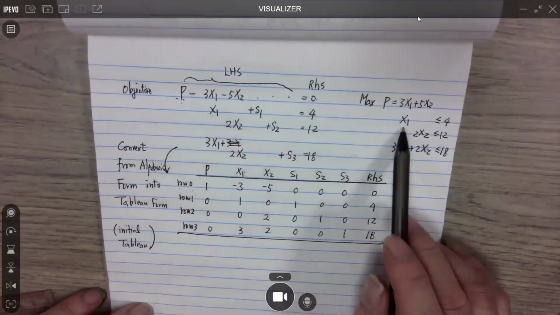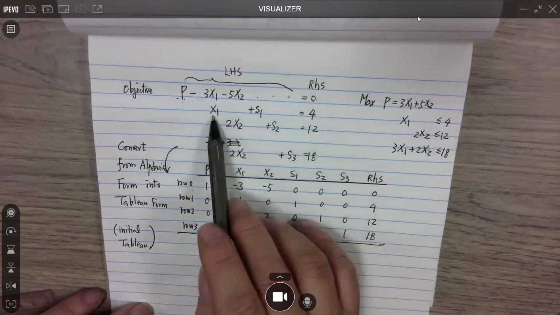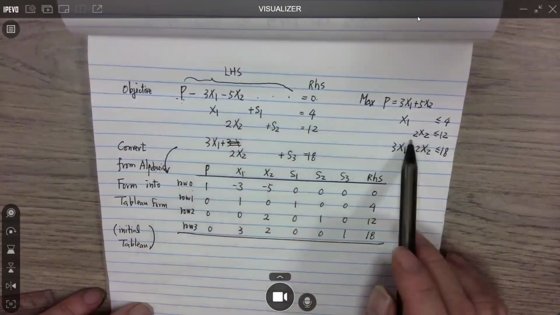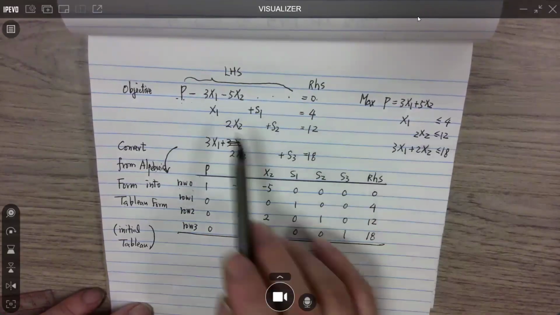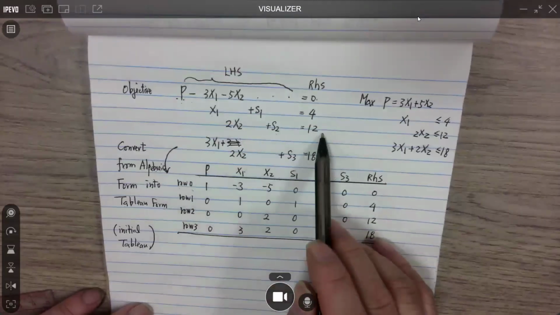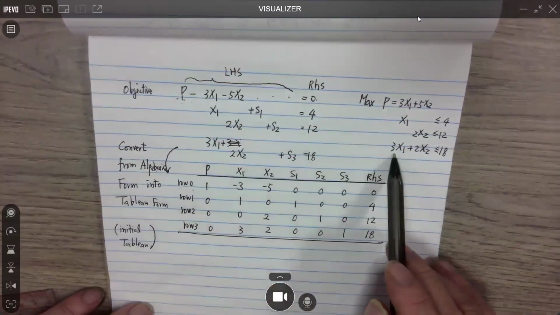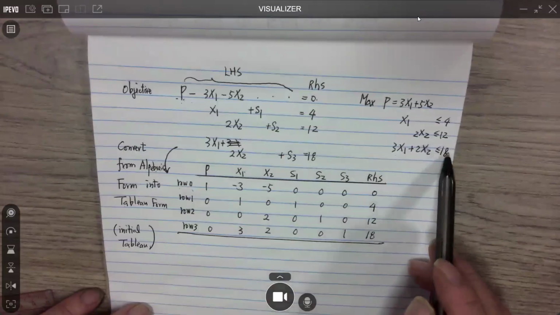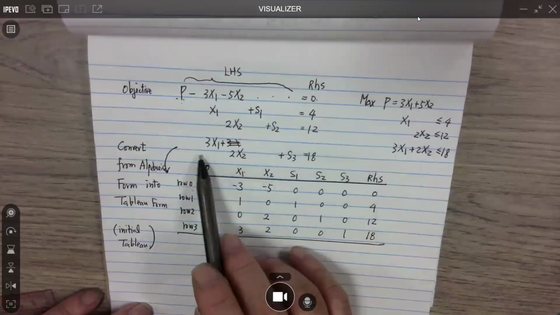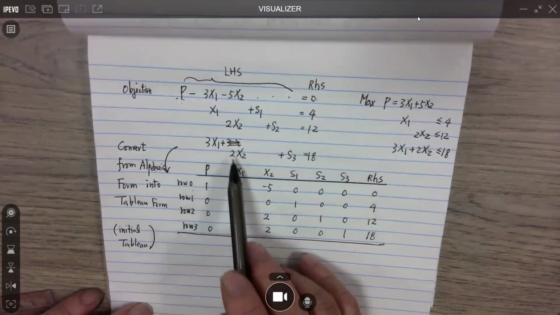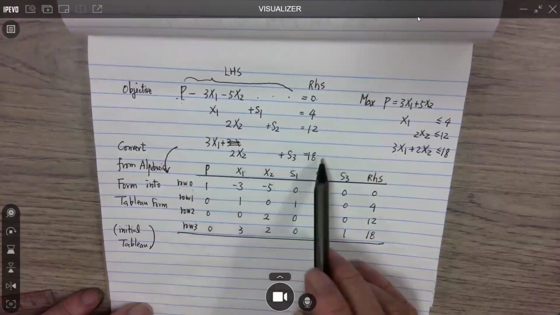Then x1 less than or equal to 4 converts to x1 plus s1 equal to 4. 2x2 less than or equal to 12 converts to 2x2 plus s2 equal to 12. And the third constraint, 3x1 plus 2x2 less than or equal to 18, converts to 3x1 plus 2x2 plus s3 equal to 18.